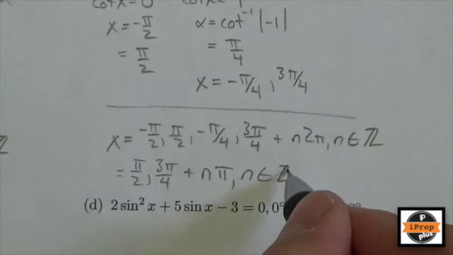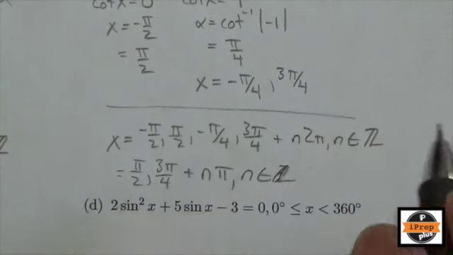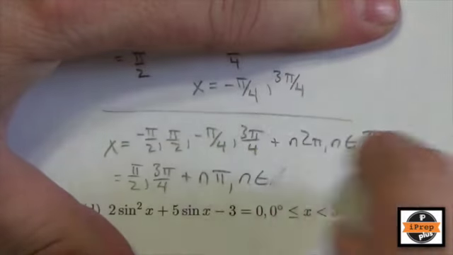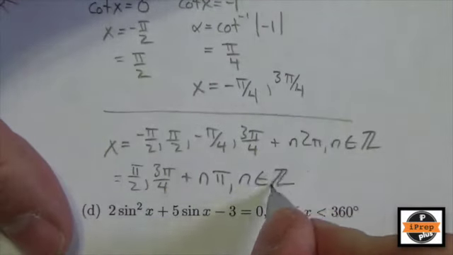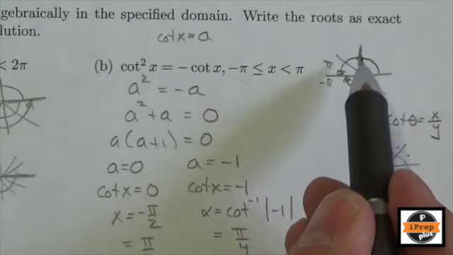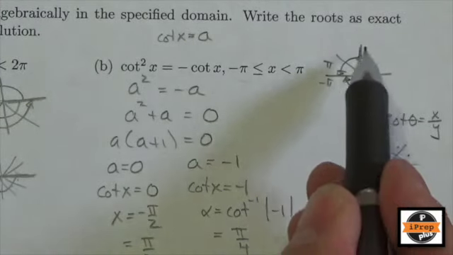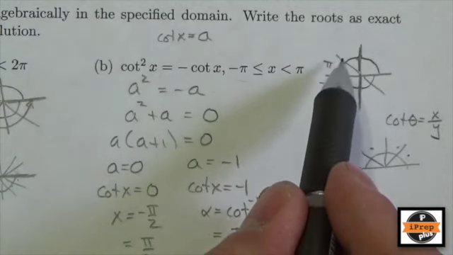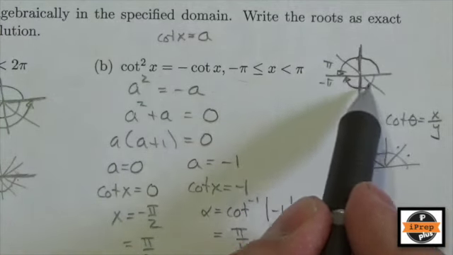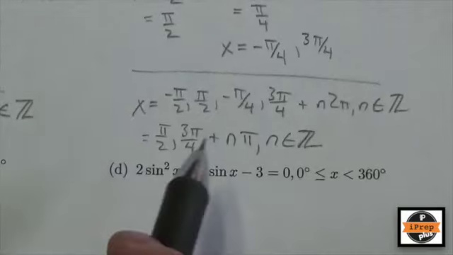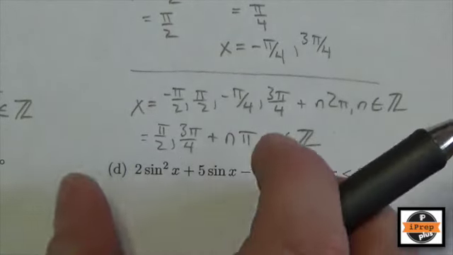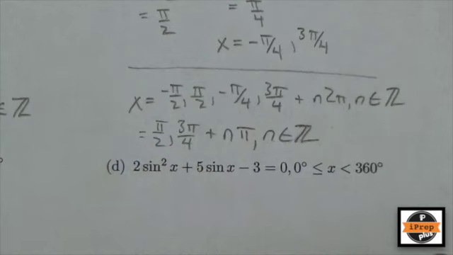I would only add pi, a half period, to that. If you add the half period, you go from here down to here. Add it again up to there. Same thing with this terminal arm. Add a half period, you're down to here. Or I should say a half rotation, not a half period, because the period for cotangent is in fact just pi.